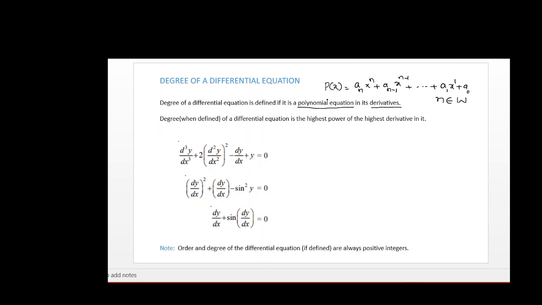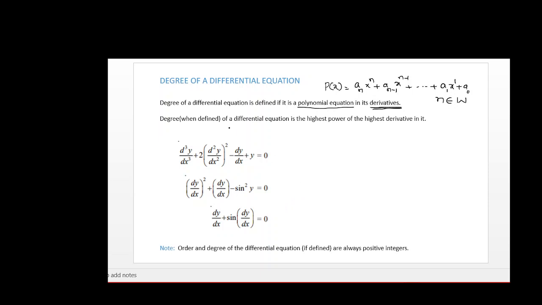So it is a polynomial. Now, to define the degree of a differential equation, it should be a polynomial equation in its derivatives. So whatever derivatives are appearing, their powers should be whole numbers.